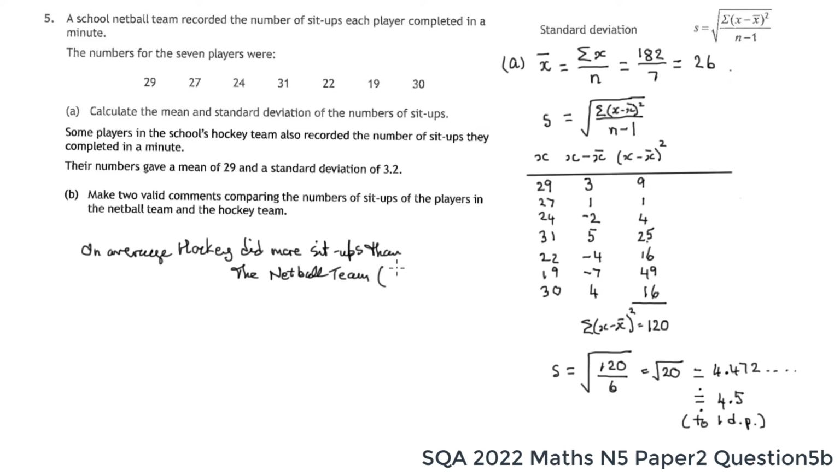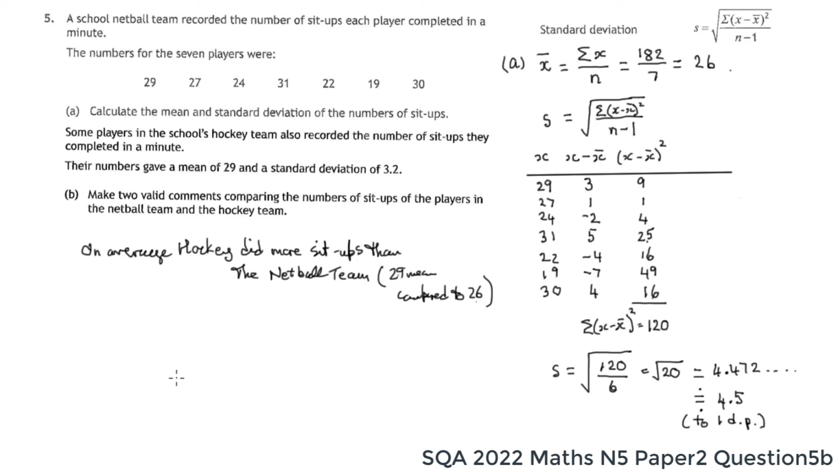Now that was 29 mean compared to, what was the other one? 26 we calculated. So there's the two means compared. And because the hockey team had a higher mean than the netball team, that means their average number of sit-ups was more than the netball team. So that's the first statement we can make.